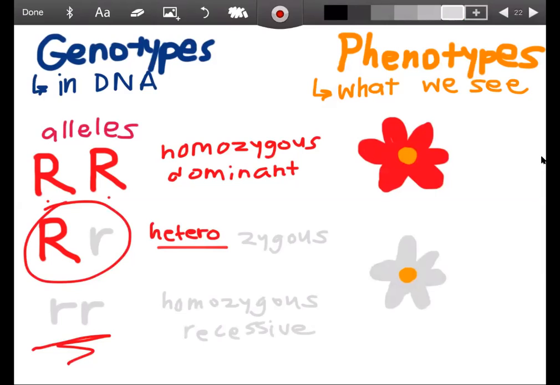They can also be referred to as phenotypes. So with these flowers, in Mendelian genetics specifically, our homozygous dominant shows a red flower. And then in our heterozygous, we also actually see a red flower because the dominant gene overpowers the recessive gene, and the trait that is expressed is dominant.